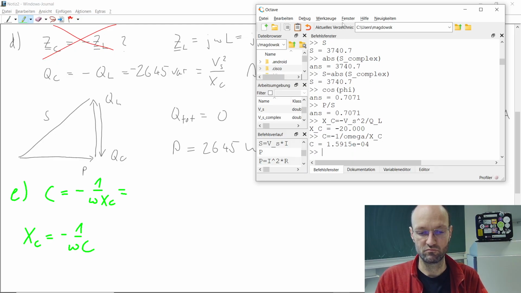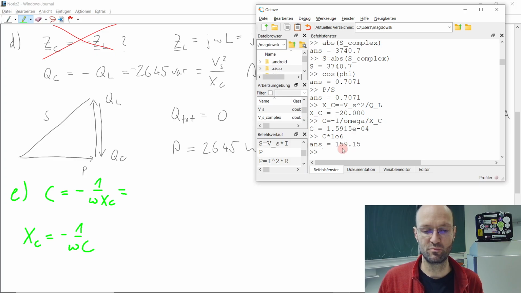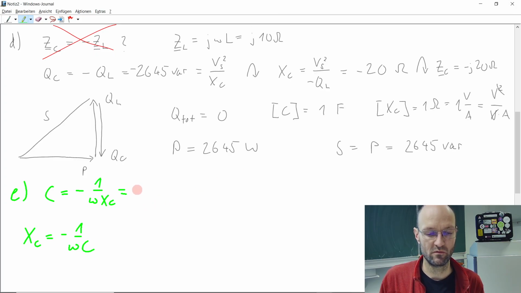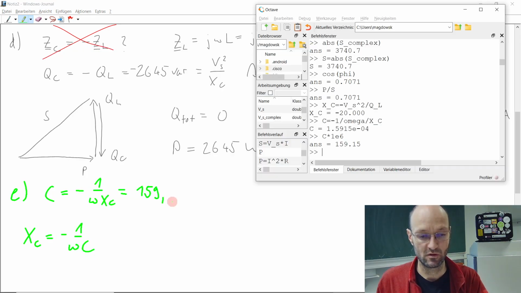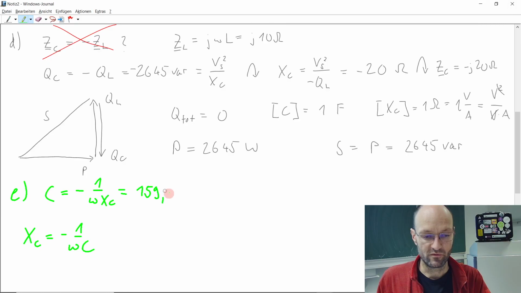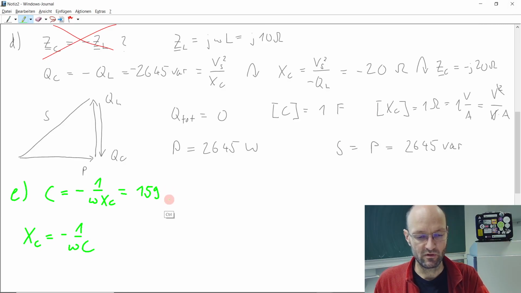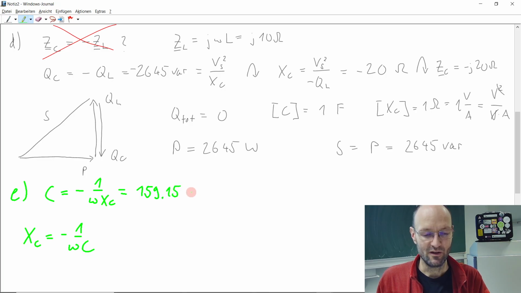And then we get some result. And I will multiply this result with 10 to the power of 6, so this should be the result in micro. 159.15. Yeah, and I will never learn to write a dot instead of a comma. 159.15. So, and then it's in micro.